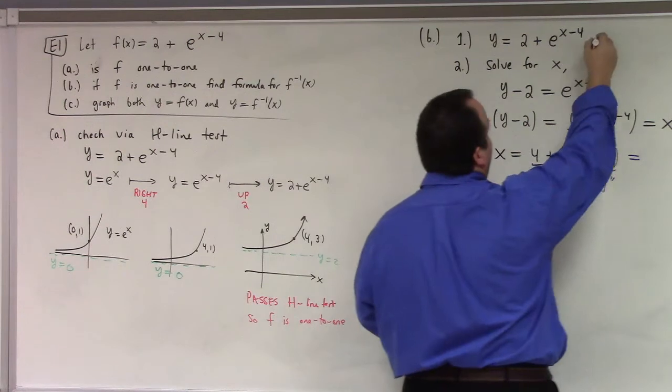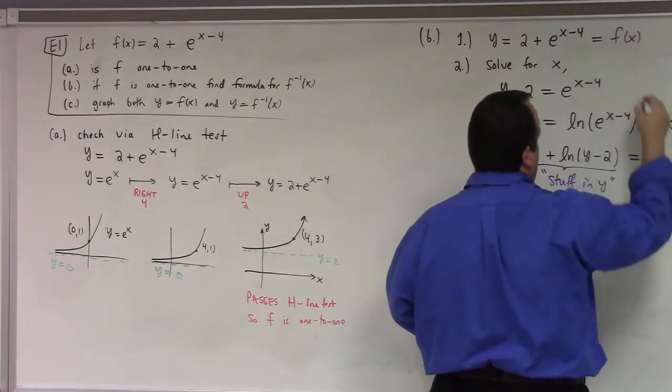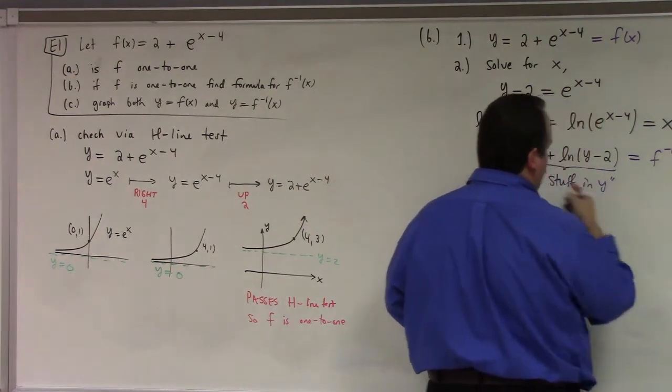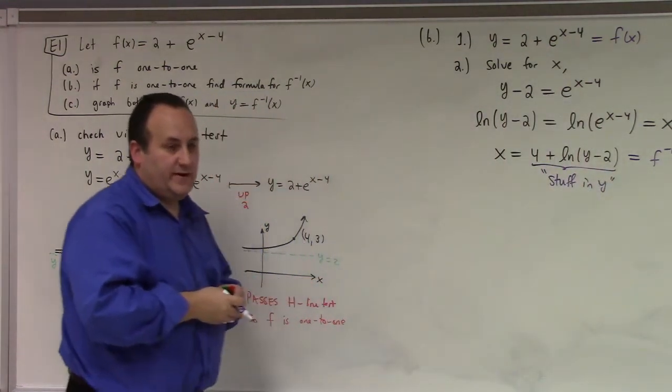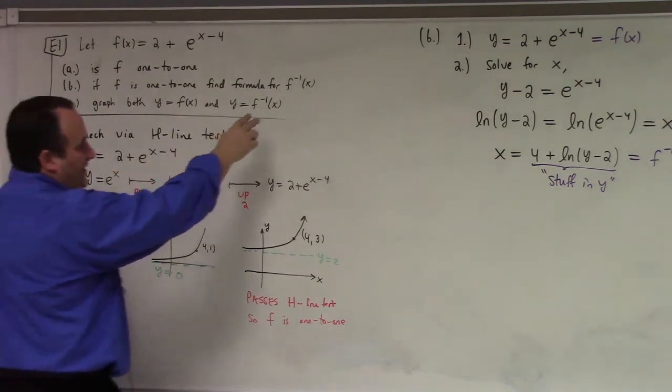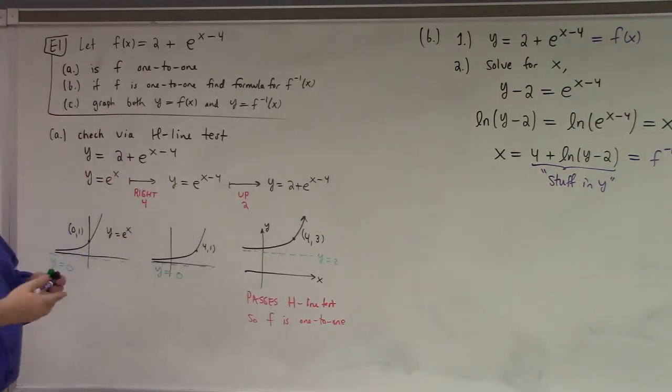Oh well. This was f of x, so this guy here is f inverse of y. That was my step 3, right? Just labeling whatever I come to as the inverse function of y. Now we don't want the inverse function of y. We asked for the formula for f inverse of x, so I've got one more step, step 4, which is what?